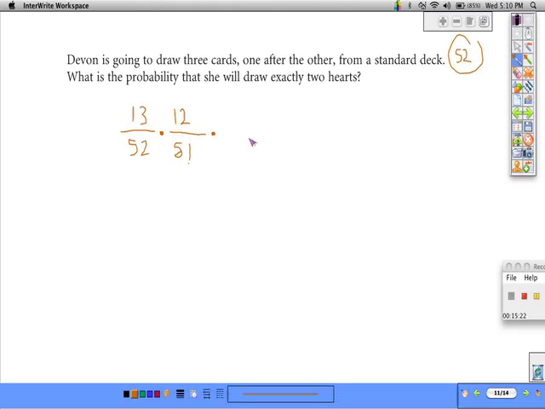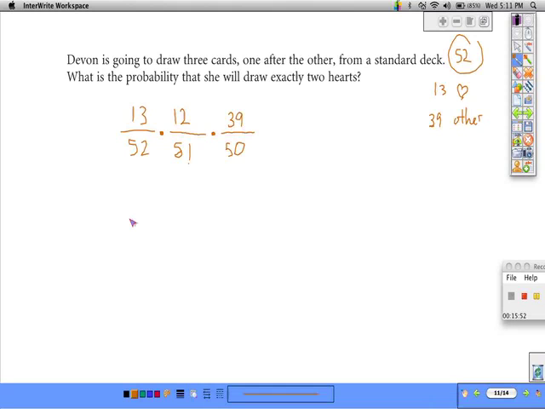Times, time to pick the third card. Now there's only 50 cards left. And of those 50 cards, we knew that we started with 13 hearts. That means that 39 cards are something other than a heart, a spade, a club, and a diamond. So this last one is 39 over 50.